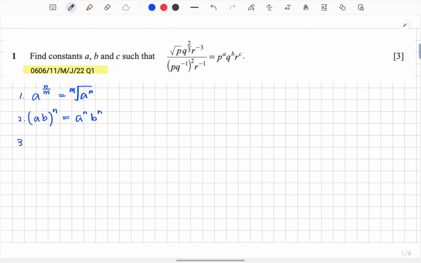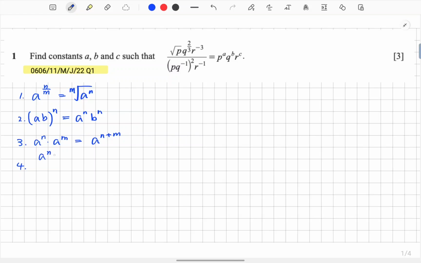And the third one is when a to the n multiplies a to the m. When we see multiplication, the exponents will add together, so it will become a to the n plus m. And the fourth one is the opposite of the third one.